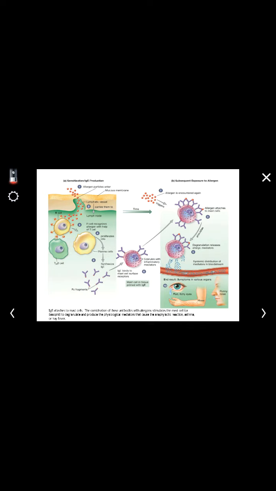You have systemic distribution of mediators into the bloodstream, and you end up with red, itchy eyes, hives, runny nose, fever, swelling, pain. So this is how you can get IgE attaching to mast cells. The combination of these antibodies with allergens then stimulates the mast cell or basophil to degranulate and produce the physiological mediators that cause the anaphylactic reaction of inflammation and asthma or hay fever.